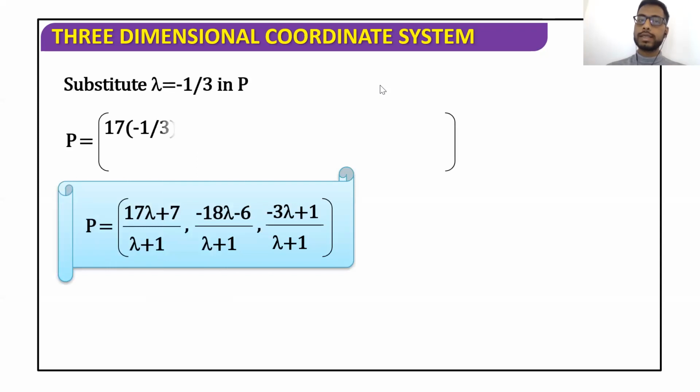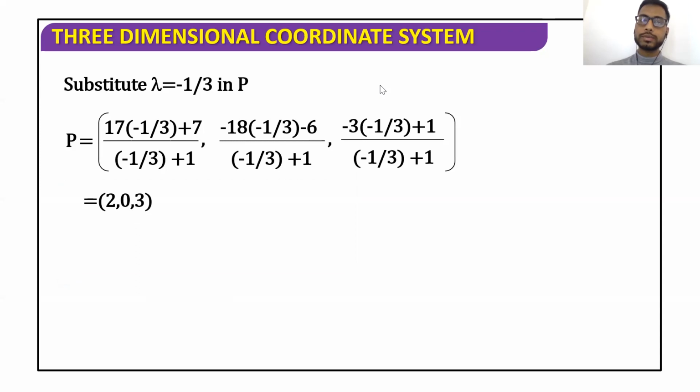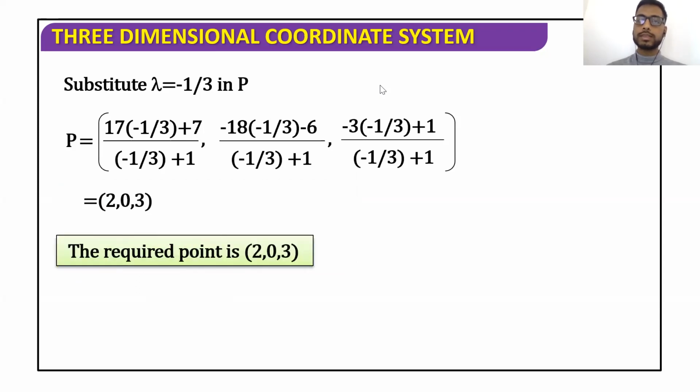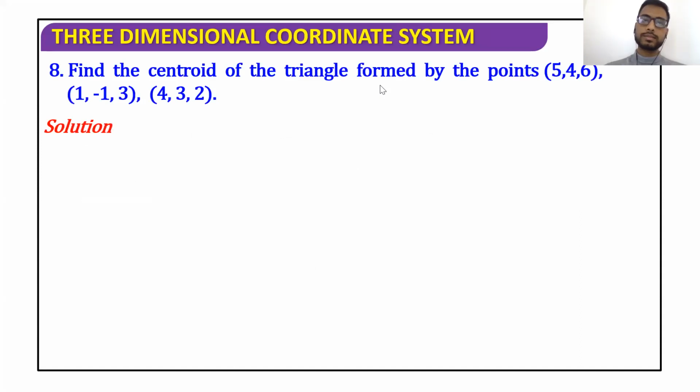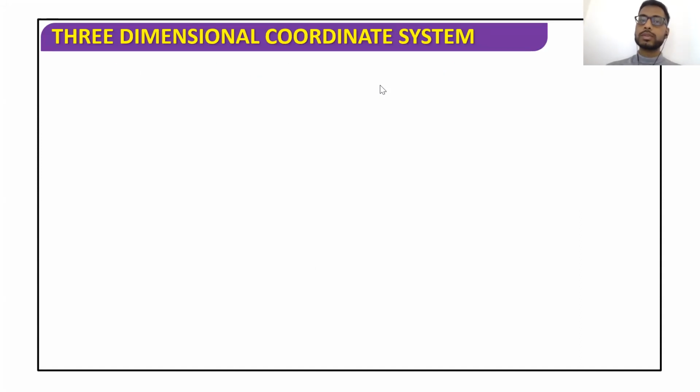And once I get the values of k and lambda, I'm going to substitute them in my points P and Q. After substituting, I get my point P as 2, 0, 3, and the point Q is also going to be 2, 0, 3 if you're going to substitute. Hence, I can say that they are intersecting.